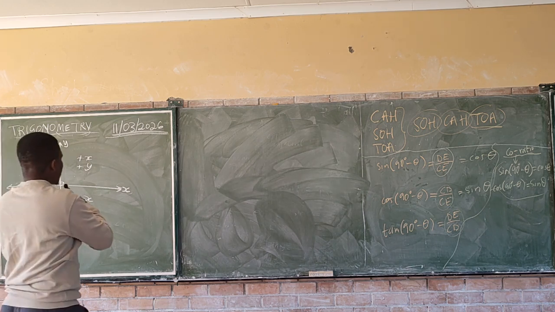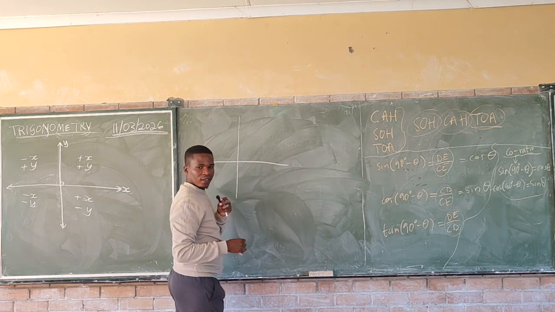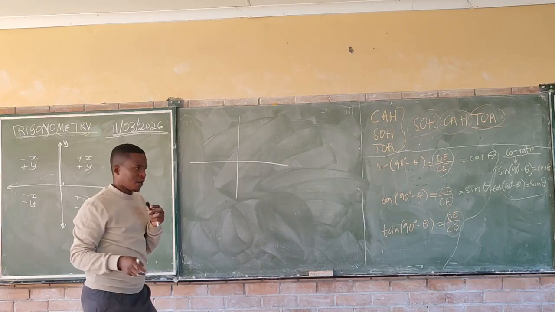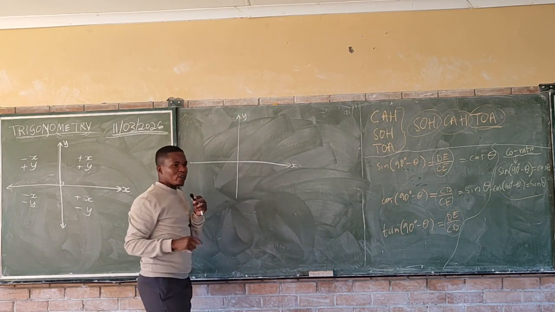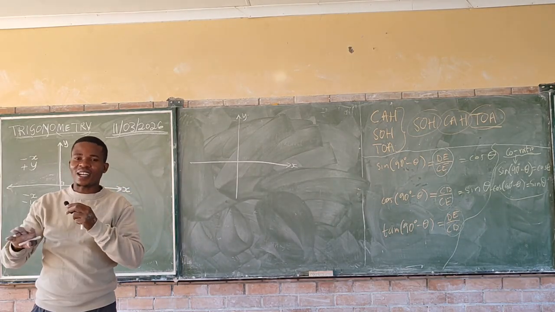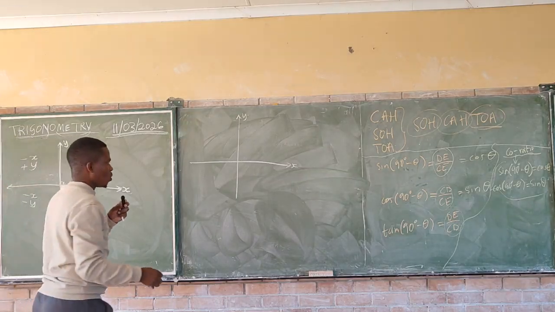All right, now we're still in the Cartesian plane. Nowhere else. I know you have some info about the CAST diagram, but we're still going there. So let's go through.